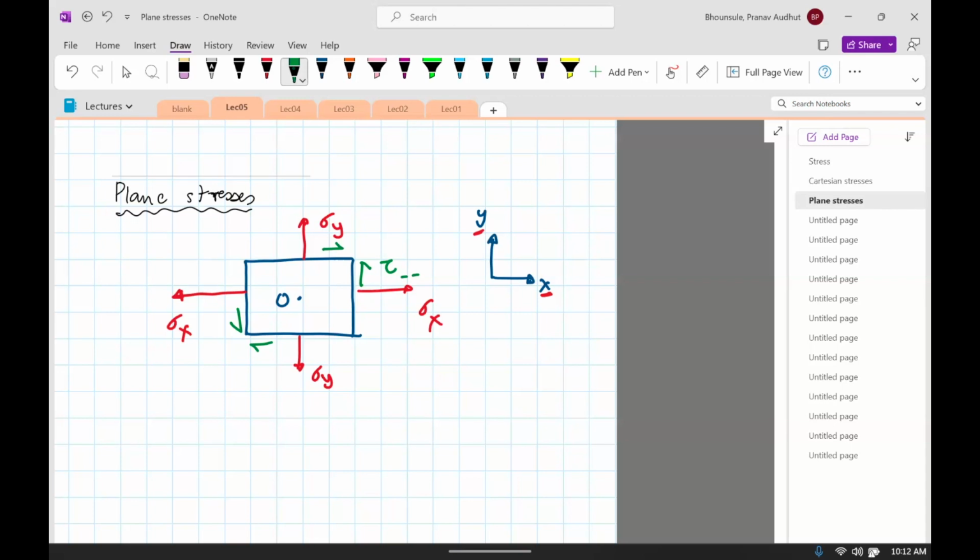So that plane is this plane. When you represent a plane, the best way is to use the normal to the plane. The normal to that plane is x, so the first one should be x. And the second one should be the direction of the shear stress, so that's along y.